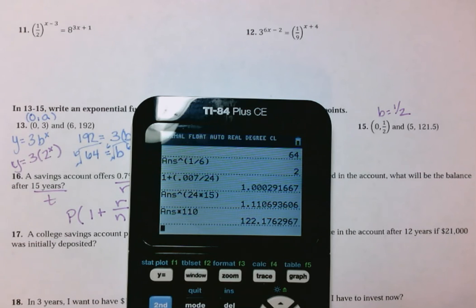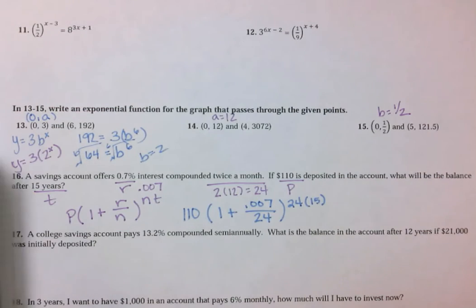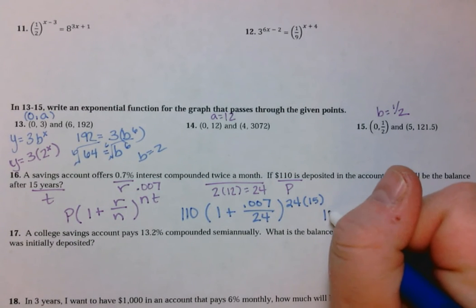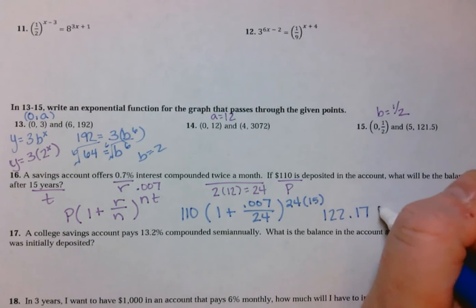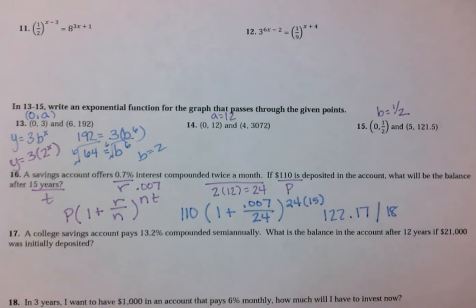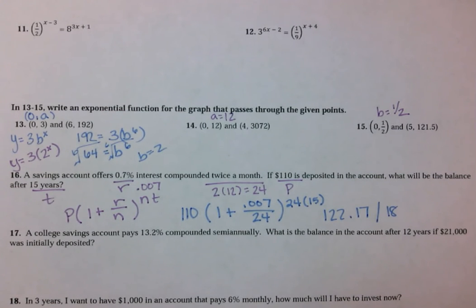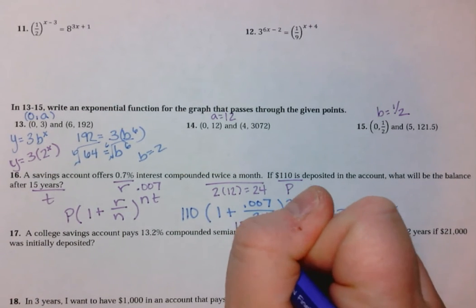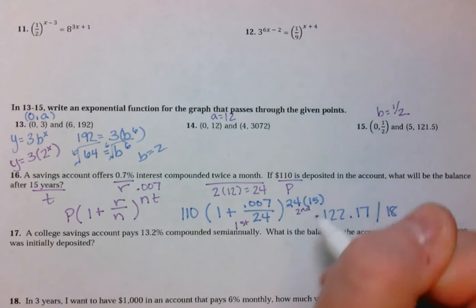So in 15 years, at a 0.7% interest, I would make $122.17, or $122.18. Normally they don't round up in savings accounts, but sometimes they do. So, here's what I do on calculator. I do first, second, third.